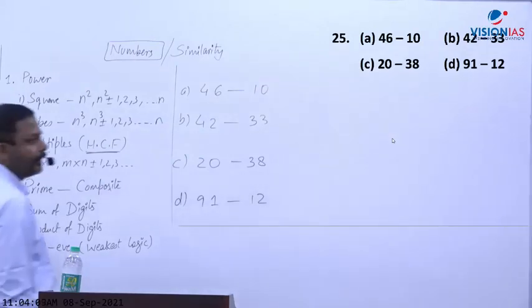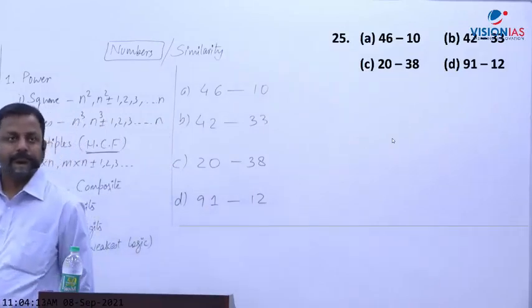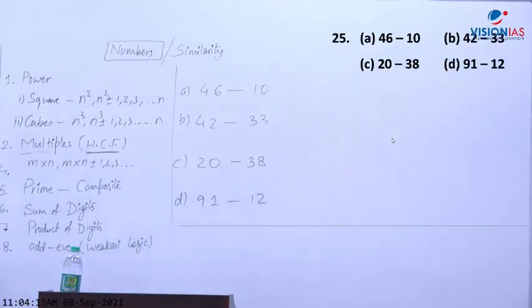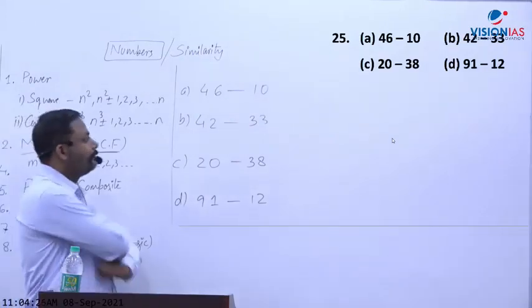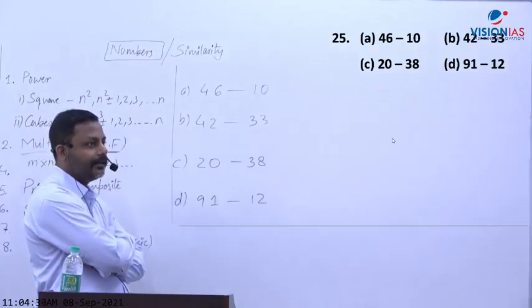20 and 38. Vaibhavi is saying 20 and 38. Okay. And what is the logic behind it?